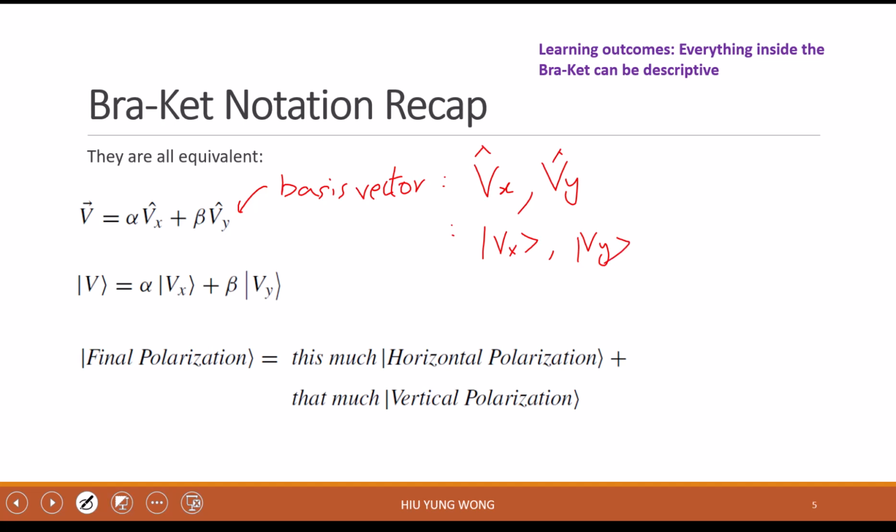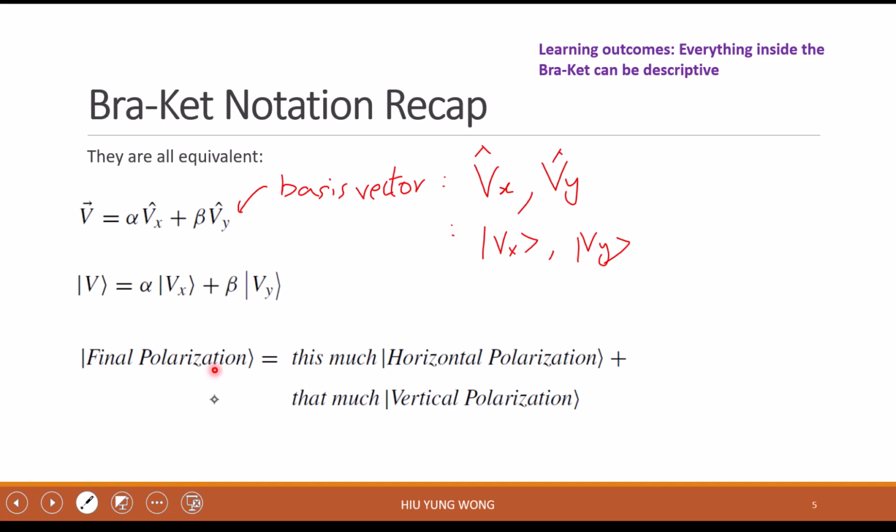And similarly, if I'm talking about the ket notation, I can even say this. Assume this is a polarization of a photon. You don't even need to know what polarization is, right? You see, this is so abstract. Just find the polarization, the vector, right? You don't even need to know physically what it is.